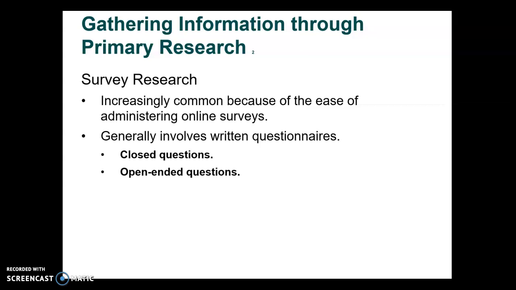There again is written up as a survey where they ask you questions. Generally, there are two types of questions, as you can see on the screen: closed questions and open-ended questions. Closed questions are those that have an answer, and you have to choose from the answer choices. And open-ended questions are those where you are allowed to write a written response to the question.